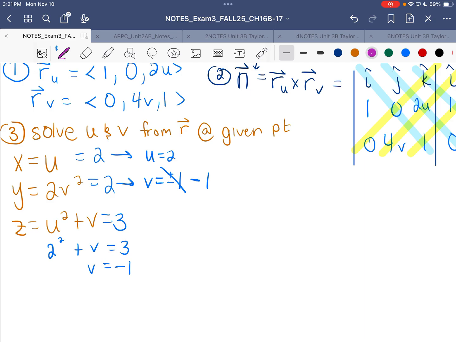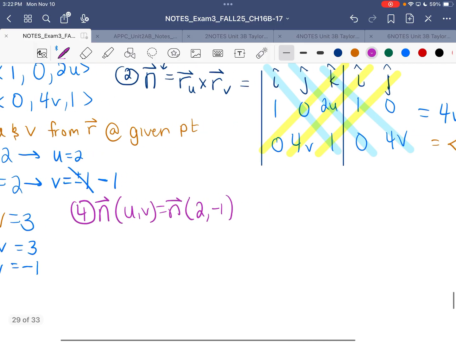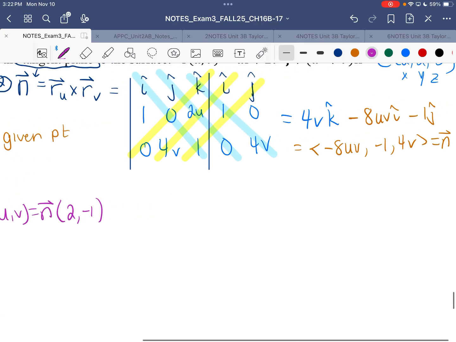Then plug that into your normal vector that you got. So we are using 2 and negative 1 in our normal vector to get the actual coefficient values.